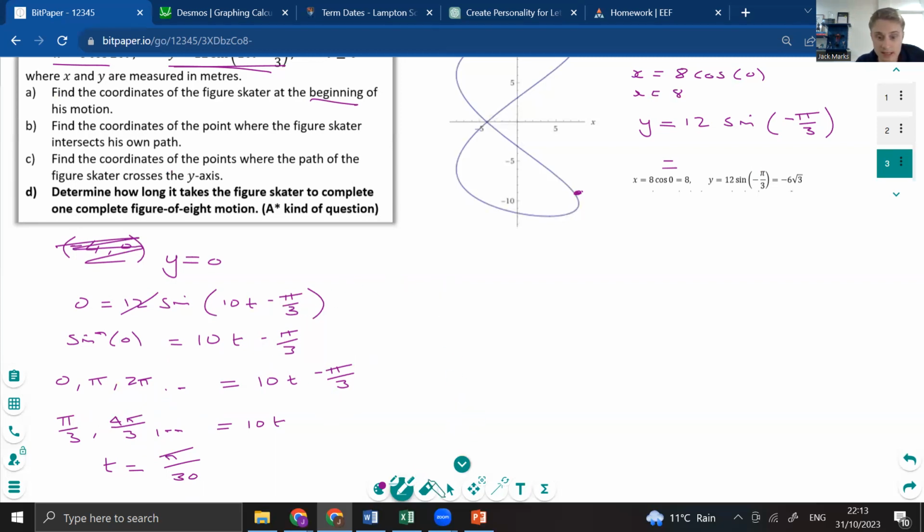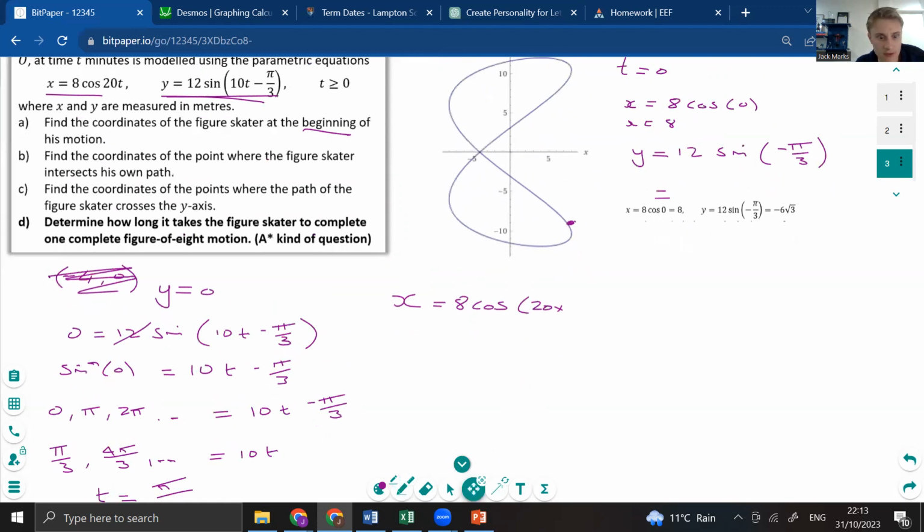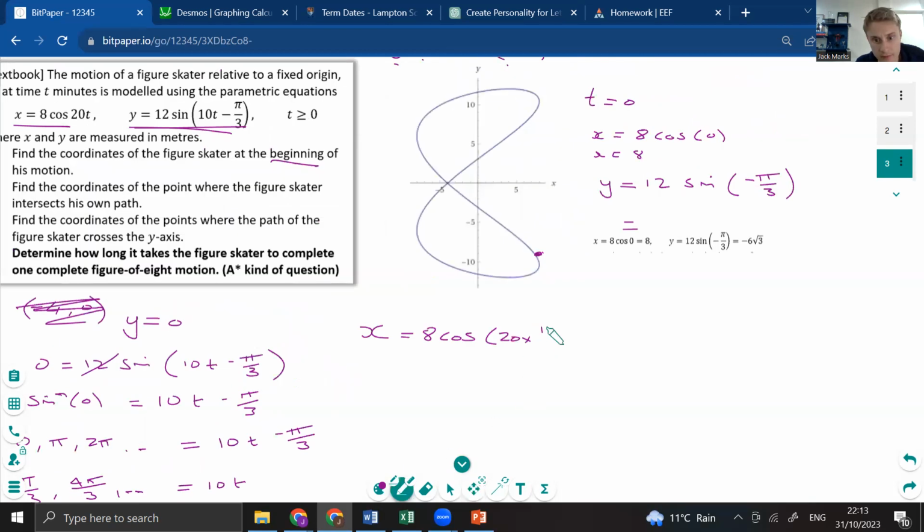So now I put that into the x equation. So x equals 8 cos, and then this is 20 times pi over 3, I think.